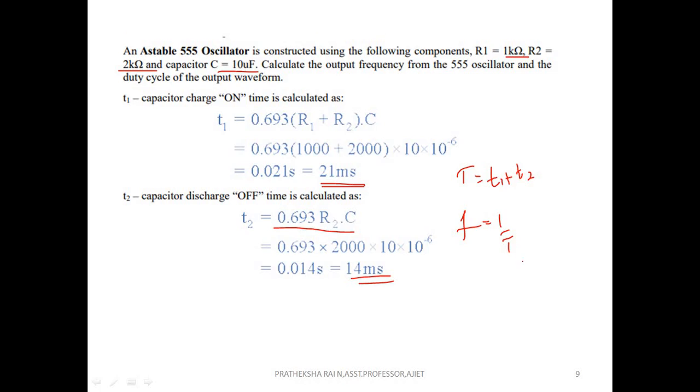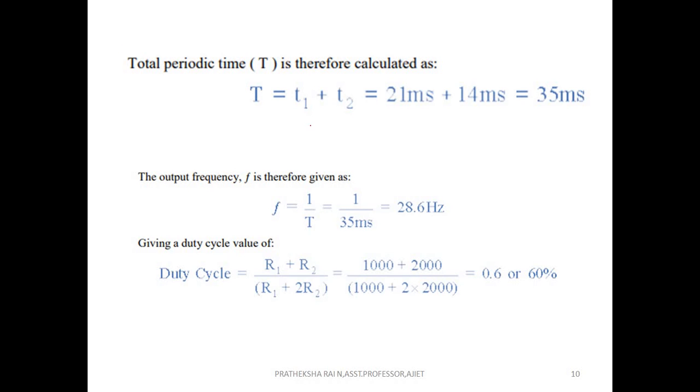T1 we got as 21 milliseconds and T2 as 14 milliseconds, so the total time period T is 35 milliseconds. To find the frequency, take the reciprocal, 1 divided by 35 milliseconds, which is equal to 28.6 hertz.